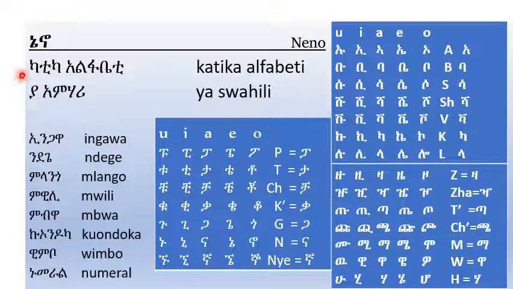Okay, so let's see the first one here. Ingawa. You have Ingawa. N is somewhere there. Na, nu, ni, ne.